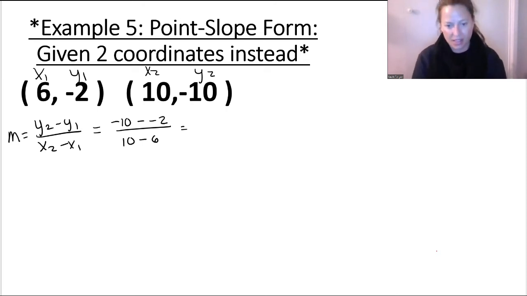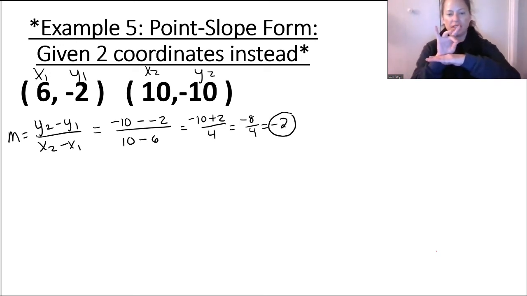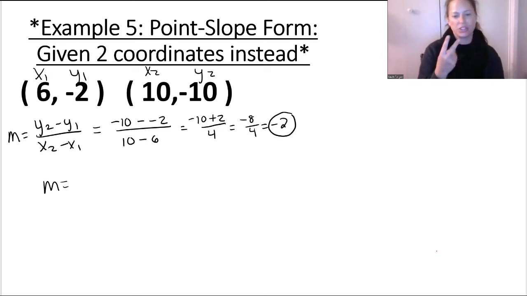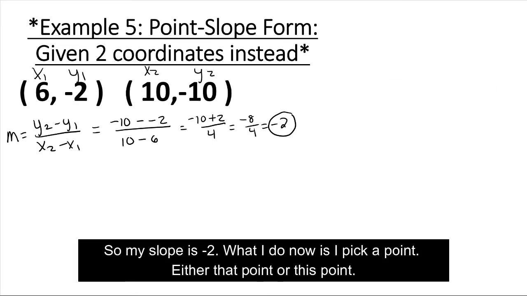So this makes negative 10 plus 2 over 10 minus 6, which is 4. So that makes negative 8 over 4, which makes negative 2. So my slope equals negative 2.